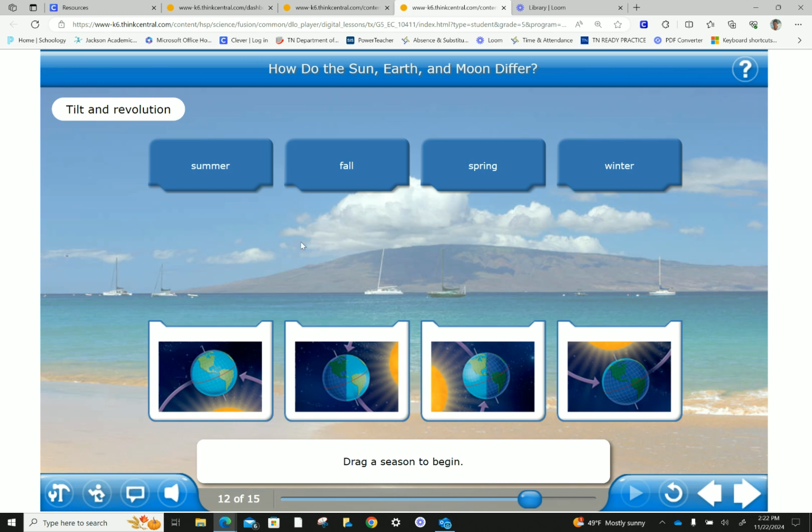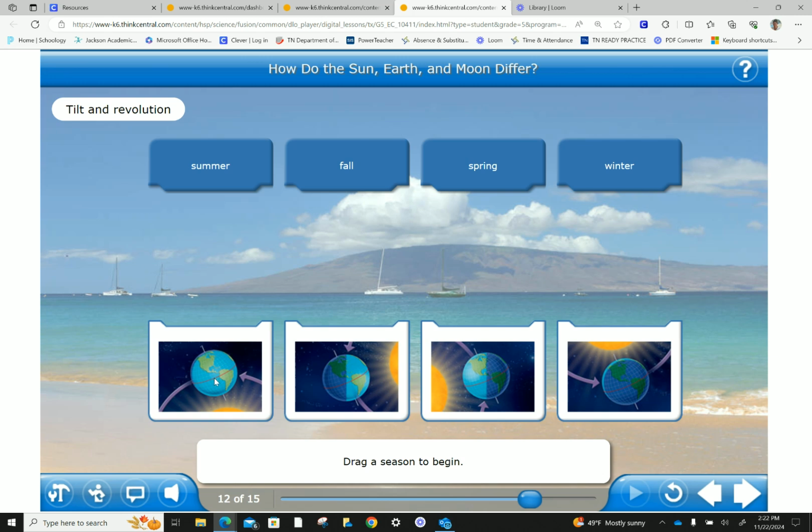Okay, so we're going to start with summer. This one is not summer, but I picked this one because a lot of students will choose this as summer because they think, well, the whole thing is lit up. It's all bright, it must be summer, but that's not quite it.